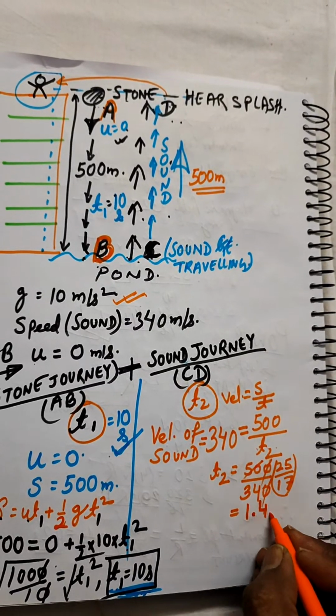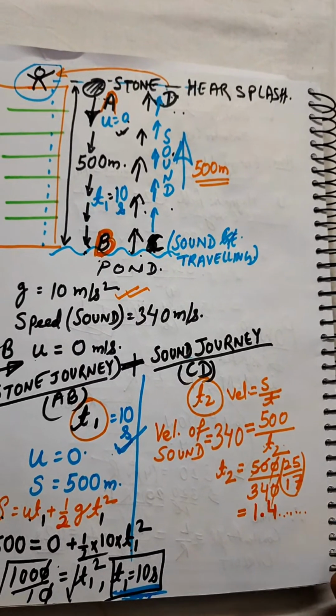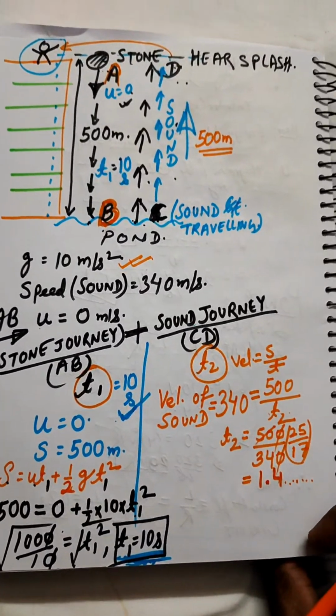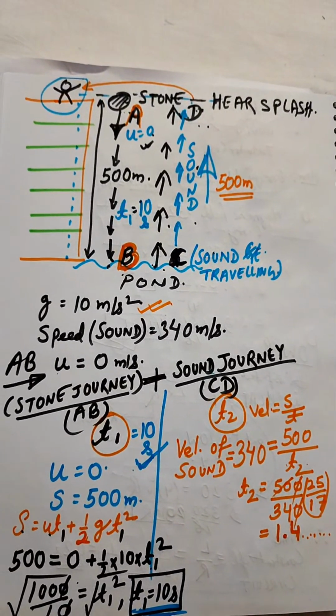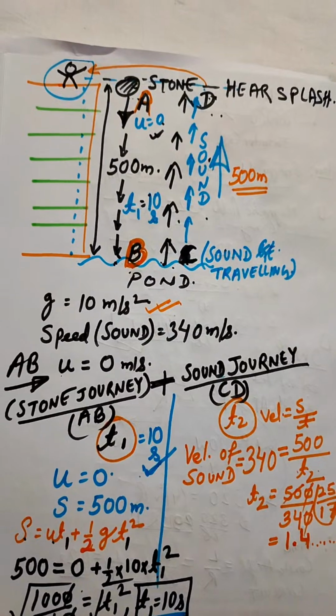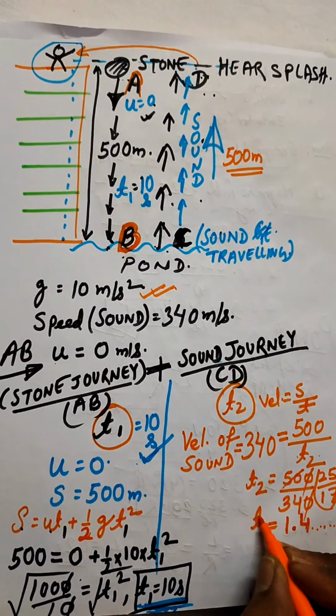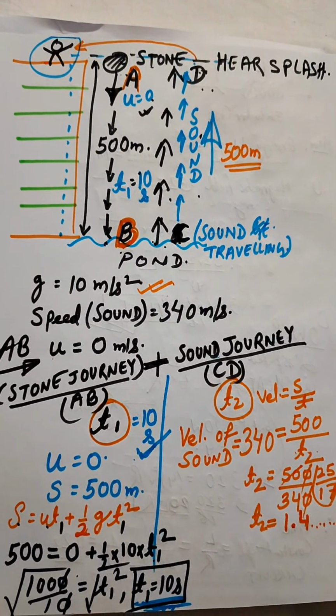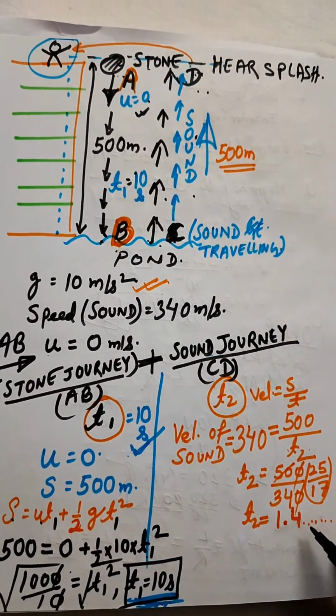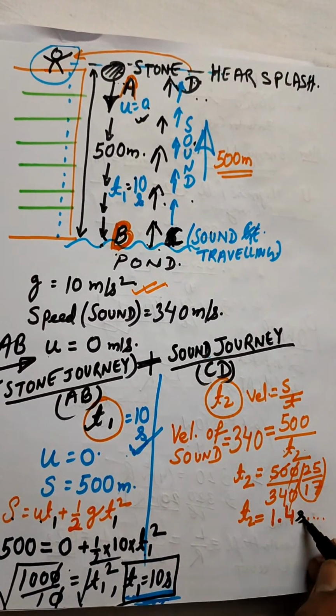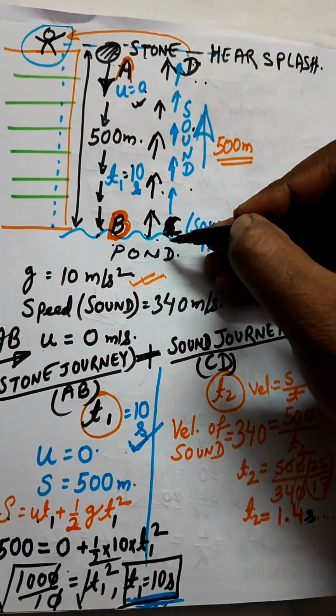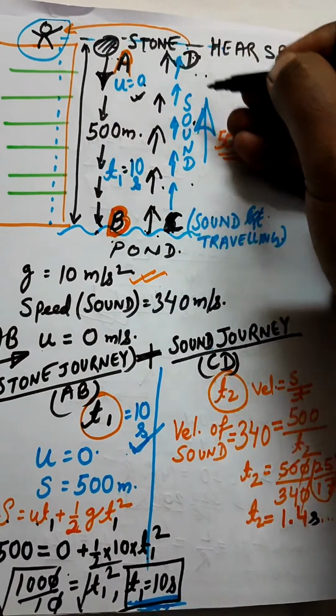Let's say 1.4 and something, and we are not going into the depth. Okay, so 1.4 is the value of t2, and this is the time taken. 1.4 seconds is the time taken by the sound from C to D.